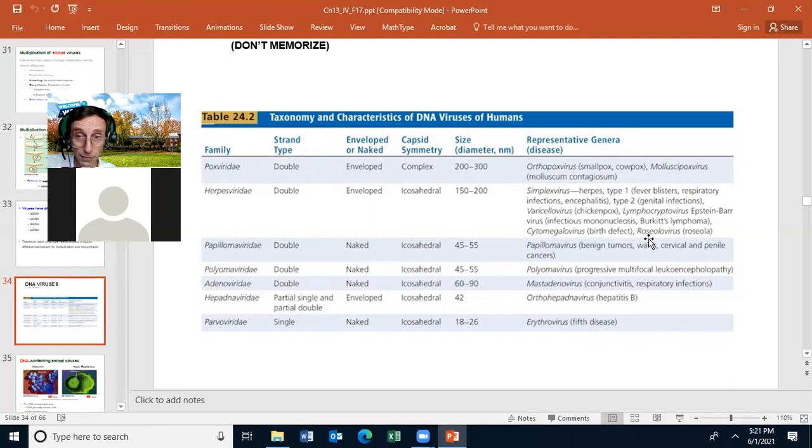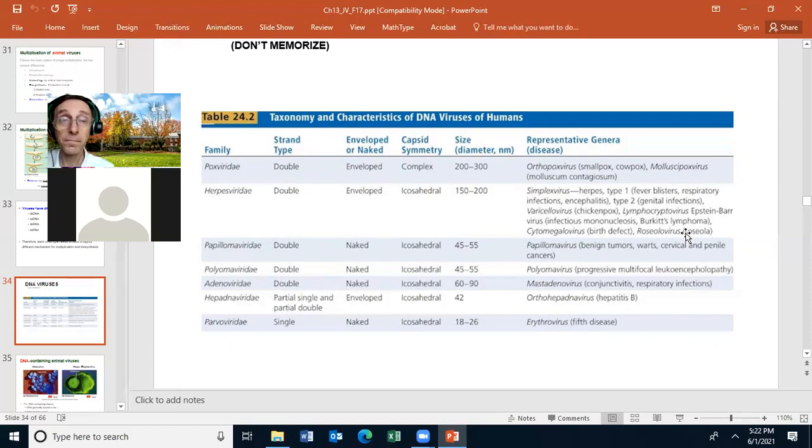Roseola virus. That was what I was talking about, and I couldn't remember. Roseola is a disease that infects over 95% of humans, and generally a baby gets roseola. It's a skin rash and the child gets sick. I think they have a fever for a day or so. But they get it early in life, from 3 months to something like 9 months old.